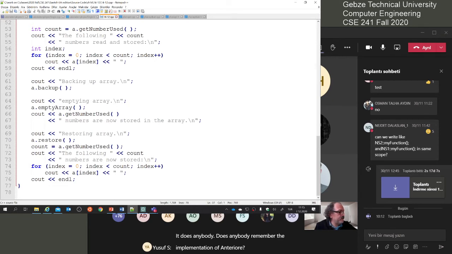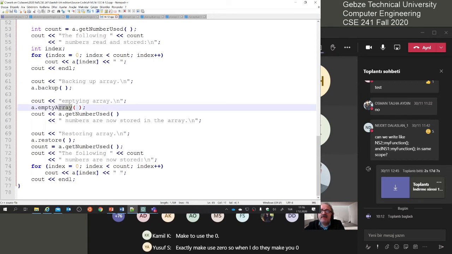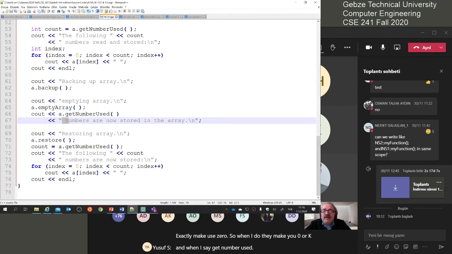Make the use 0. Exactly, make use 0. So when I do make use 0, and when I say get number used, it will be 0. So this loop is not going to print anything.